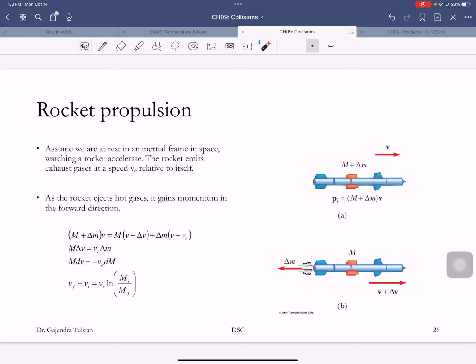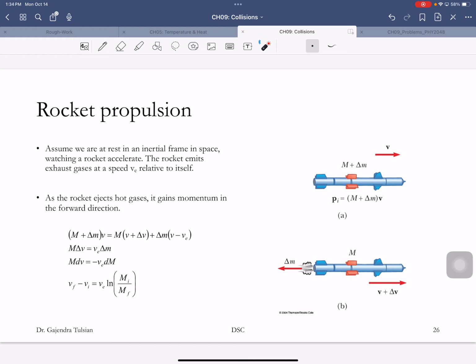To speed up, what do you have to do? You have to spit something in the other direction, shoot stuff in the other direction. So you fire a bit of hot gases and you speed up. Now this piece is going faster, and this piece is going in that direction.